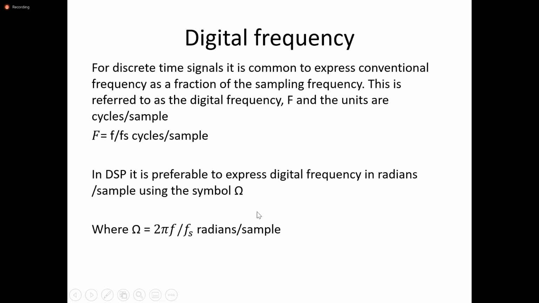So generally that's why MATLAB normalizes it to pi radians per sample. That is the highest frequency that you should be handling by your DSP. So in the graph there, it showed it normalized to pi radians per sample. So it's very simple.